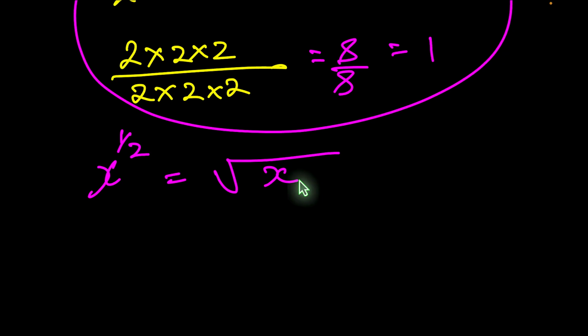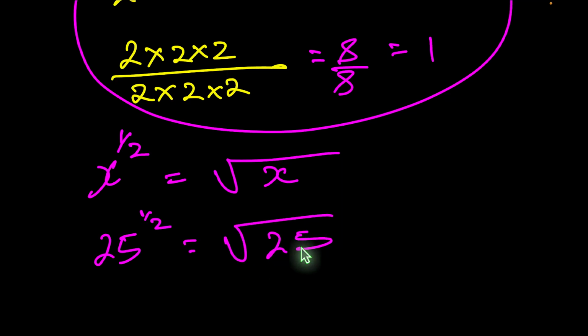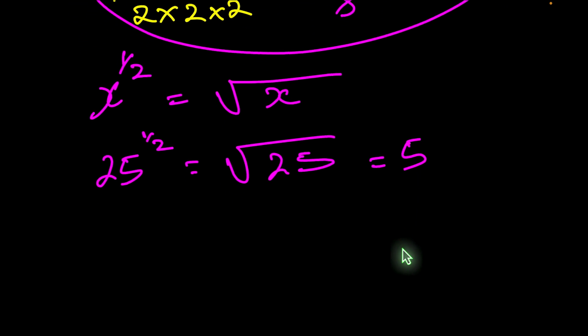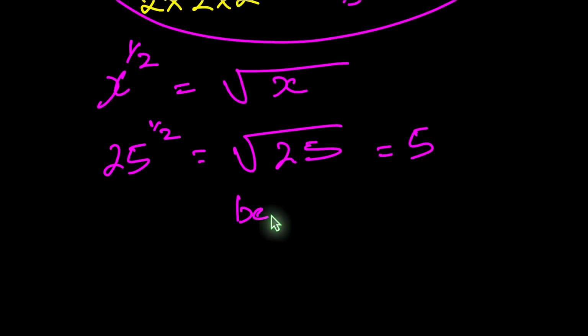So if it was something like, say, 25 to the power of 1/2, it's just the square root of 25 we want to find there, which is just to think of what number you multiplied by itself to give you 25. And that number, it's 5. Why is it 5, you might ask? It's simply because if we do 5 times 5, we get 25.